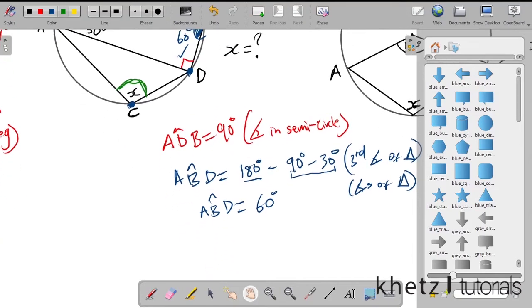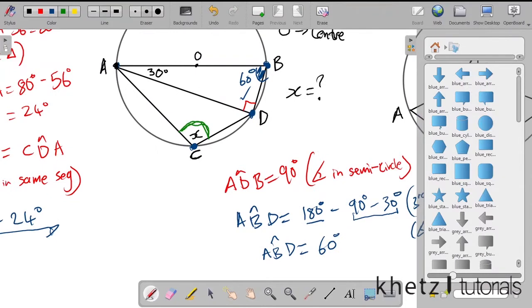So we can then say ABD plus X is equal to 180 degrees. And the reason for this is that opposite angles of a cyclic quadrilateral are supplementary, right?